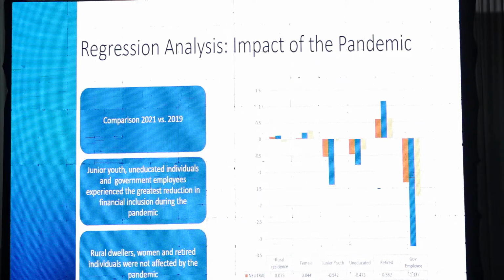And again, what we notice is that junior youth and uneducated individuals were the most impacted by the pandemic, while, for example, the rural population of women, their change was not different from urban population or the male population.